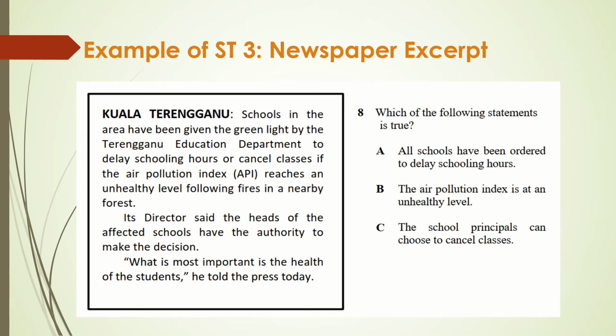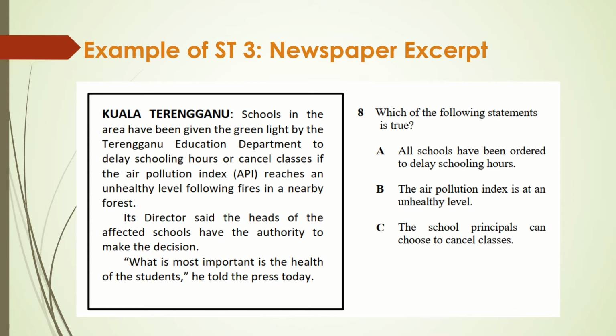The reason why, look at B. The air pollution index is at an unhealthy level. Here meaning that the air pollution in that area is already worse, it's already so bad. But if you look at your newspaper excerpt here, the department can delay schooling hours or cancel classes if the air pollution index reaches an unhealthy level.